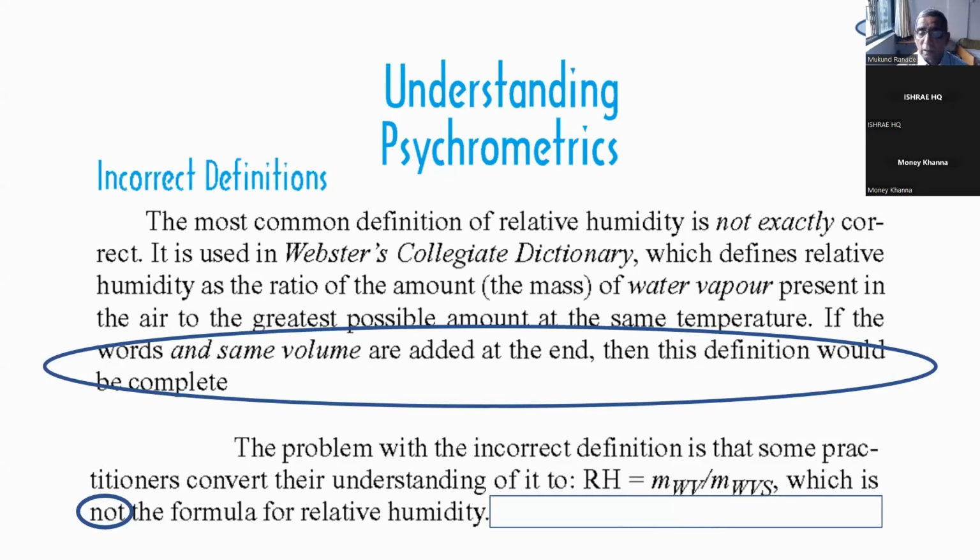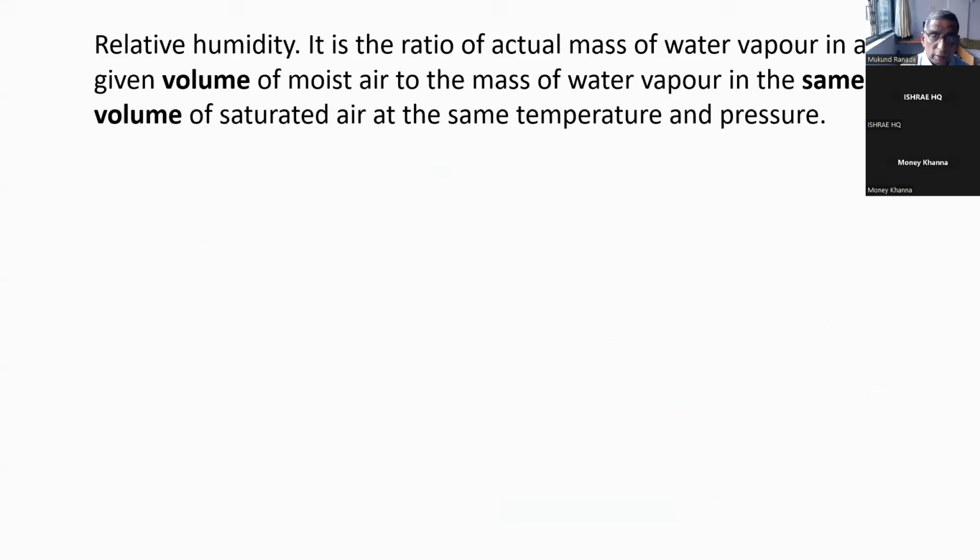But the moment we use the definition that comes in the next slide, based on this Understanding Psychrometrics addition of volume, then we get a good feeling of what relative humidity is. So relative humidity, as defined by Understanding Psychrometrics for people to understand, is the ratio of the actual mass of water vapor in a given volume of moist air to the mass of water vapor in the same volume of saturated air at the same temperature and pressure.